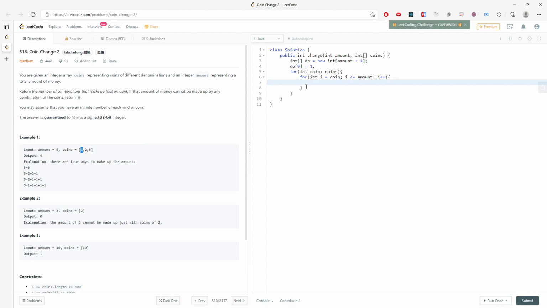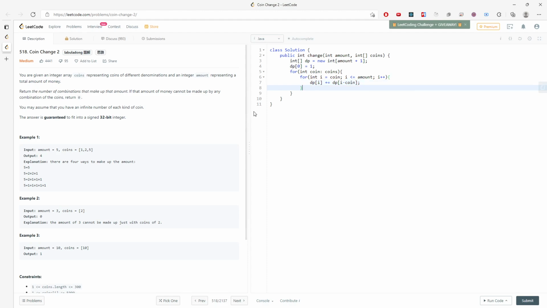You need to take your previous value in the DP, and later on you'll just keep adding, because for every coin you use the previous value and keep adding. So dp[i] plus equals dp[i minus coin], and this will be it.